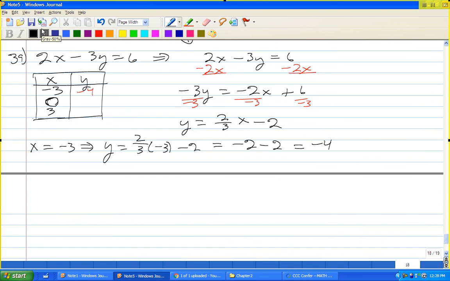Let's determine what will actually be an intercept. So substituting for x equals 0, I get y equals 2/3 times 0 minus 2. 2/3 times 0 is 0 minus 2 is -2.